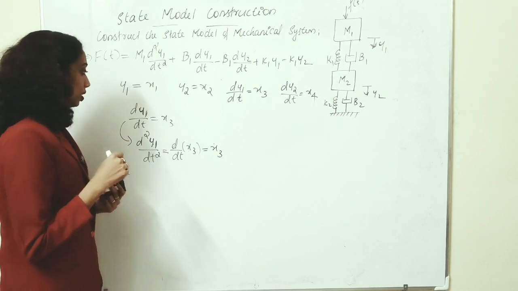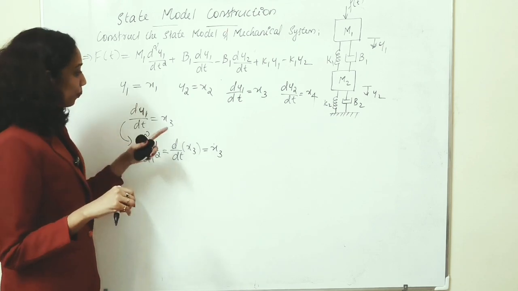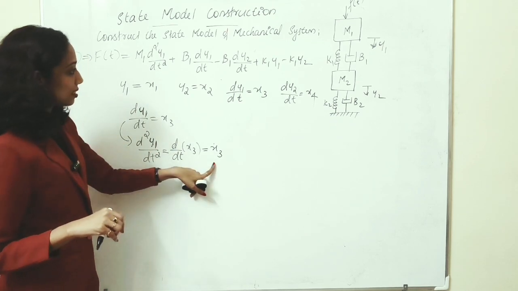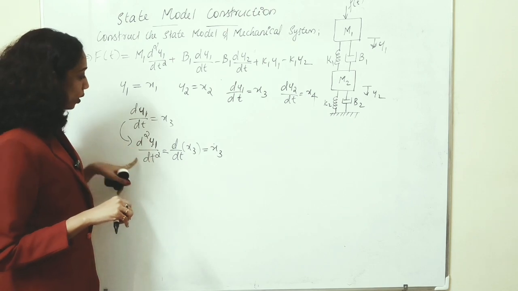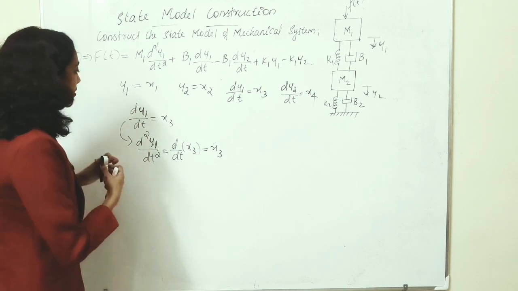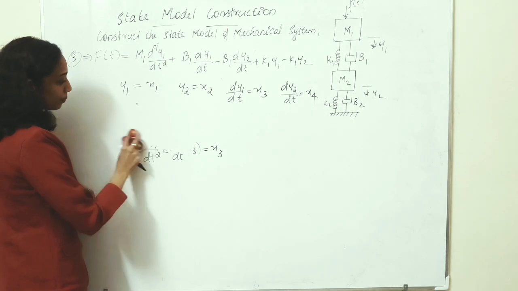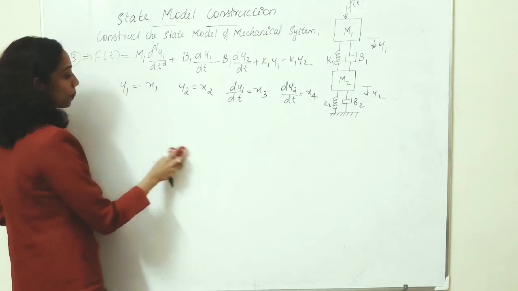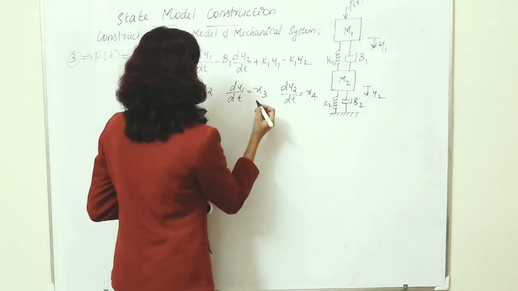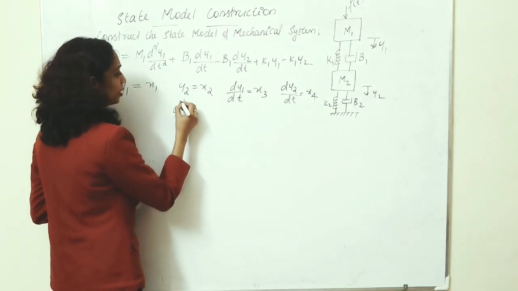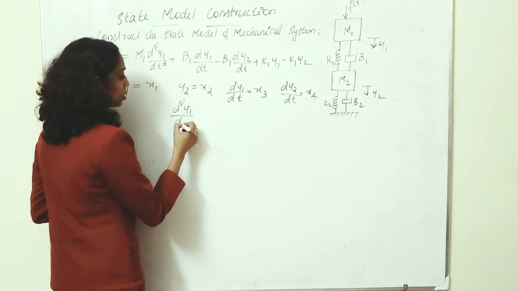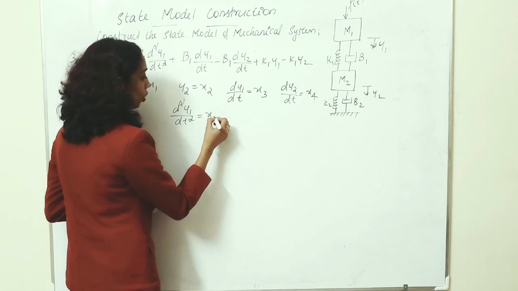Clear? We need the dot terms. So here I get x3 dot for d square y1 by dt square.